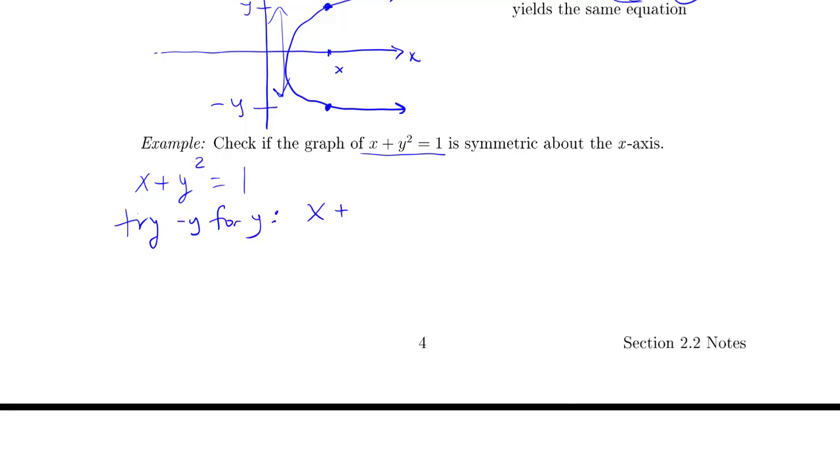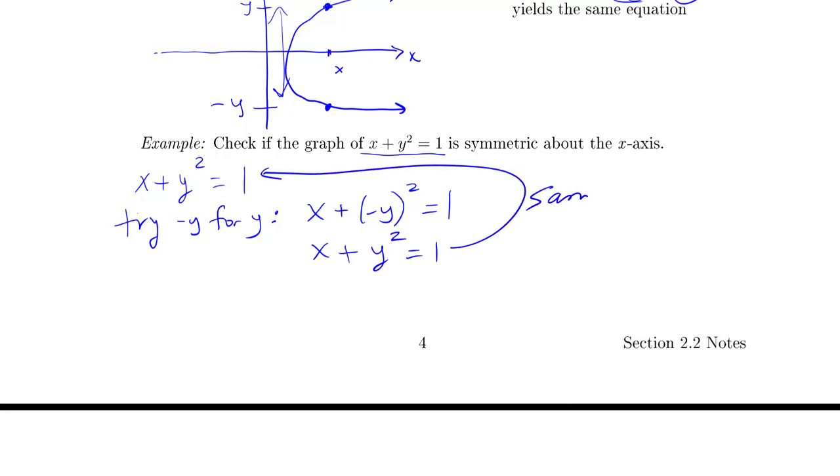So x plus (negative y) squared equals 1. Then I'll simplify: x plus y squared equals 1. That's the same. So since I replaced y with negative y and got the same thing, this is symmetric about the x-axis.